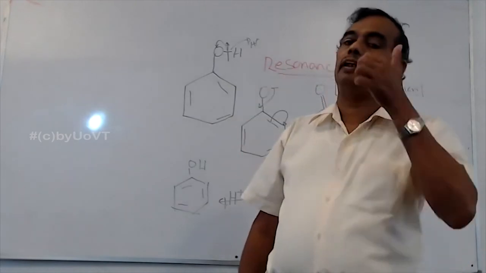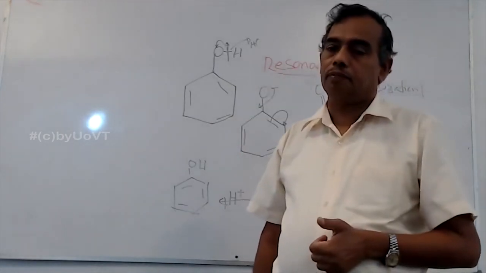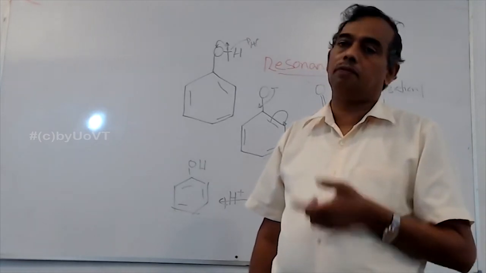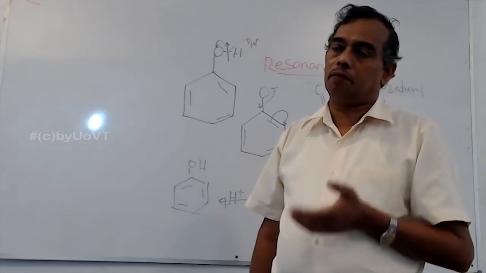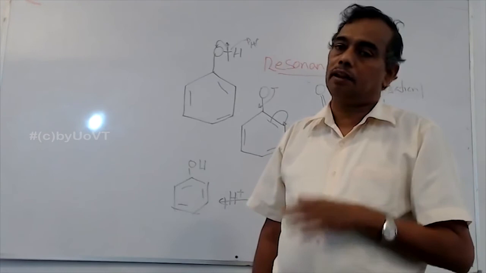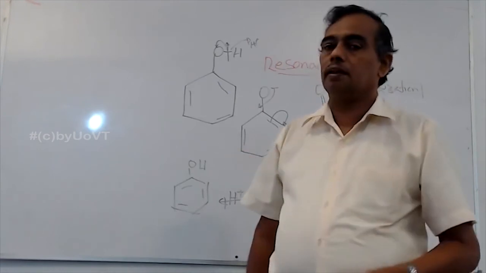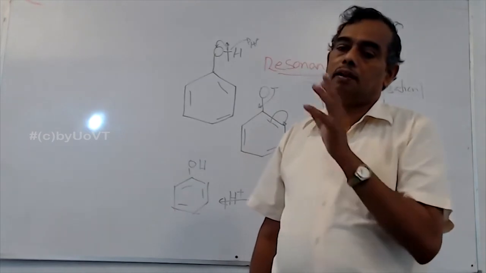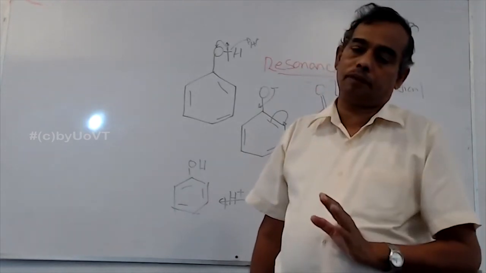Initiation is the formation of free radicals. Propagation gradually forms the peroxide. And termination stops the reaction by forming low molecular weight compounds.